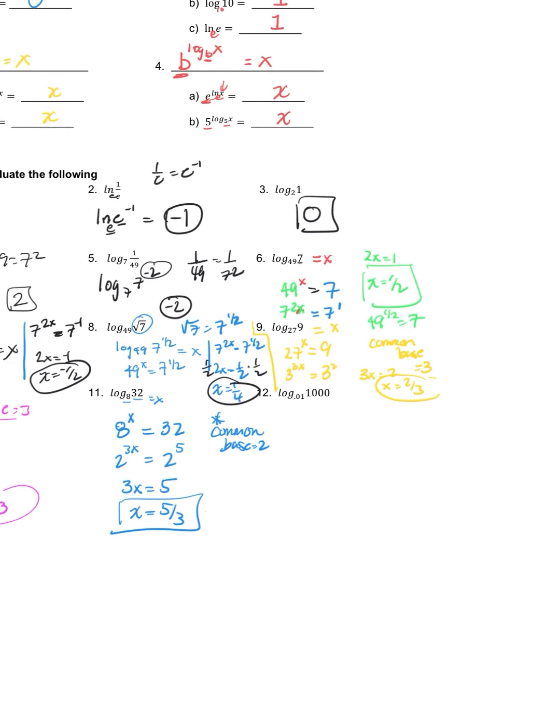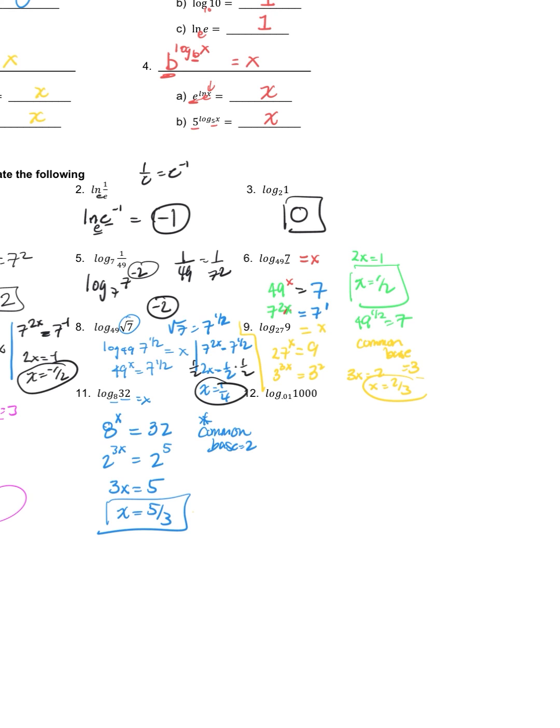Okay, last one, number 12. Here I have to change this to exponential form and then find a common base. If I set this equal to x, 0.01 to the x equals 1,000.